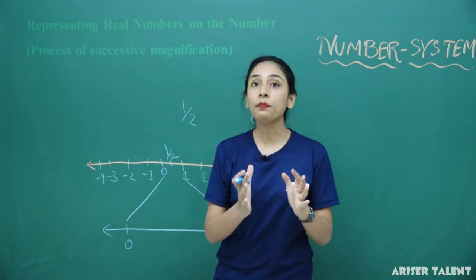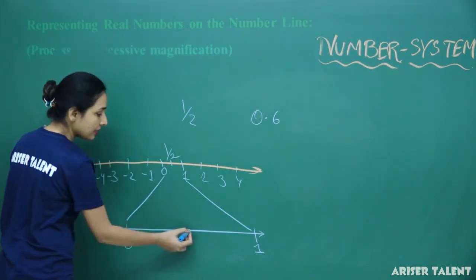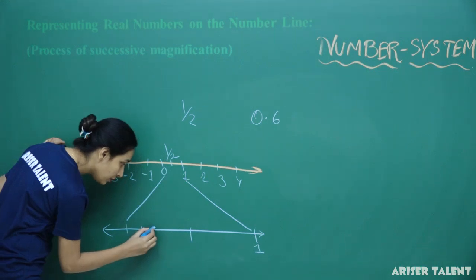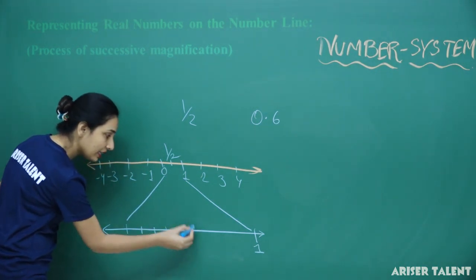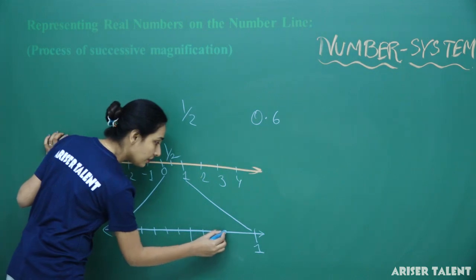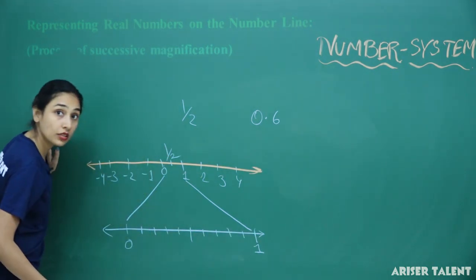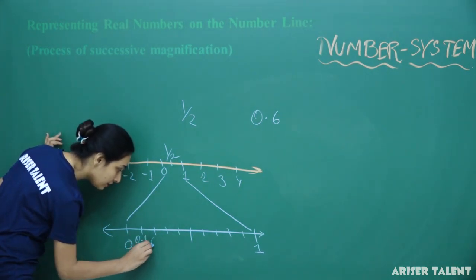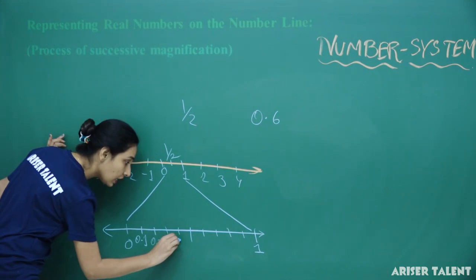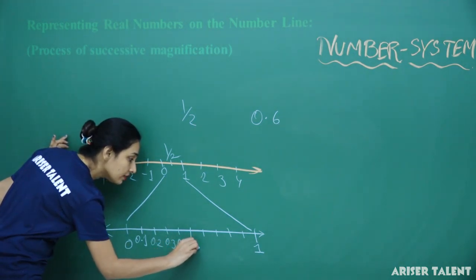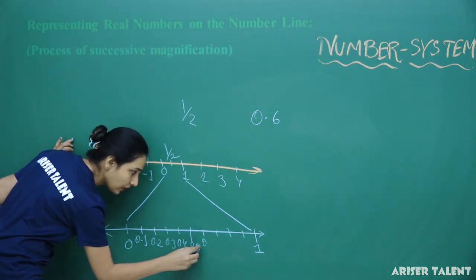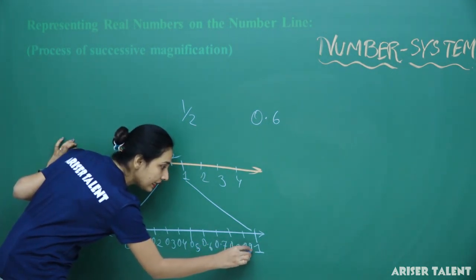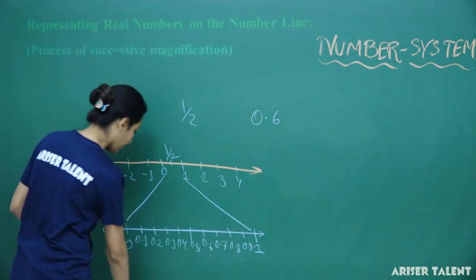How many? 10 partitions, okay. So the mid one is here, then 1, 2, 3, 4, and the 5th one is here, then 6th, 7th, 8th, 9th, and the 10th one is here. So it is 0, then 0.1, 0.2, 0.3, 0.4, 0.5, 0.6, 0.7, 0.8, 0.9, and 1.0, that means 1.